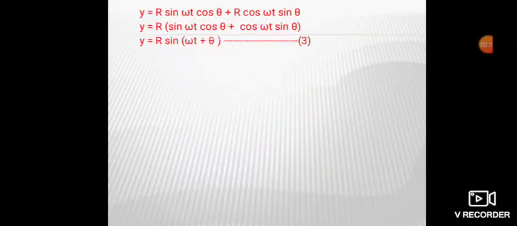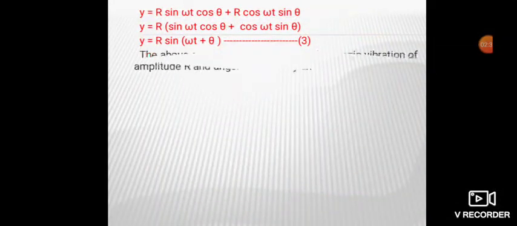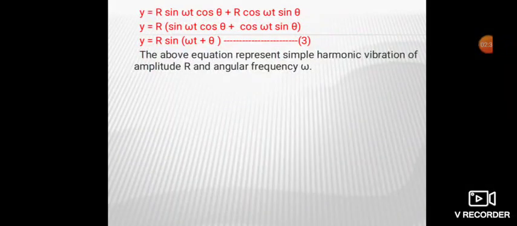Now again it is in the form of sin(a + b), that is sin a cos b + cos a sin b. Therefore y = R sin(ωt + θ). The above equation represents a simple harmonic vibration of amplitude R and angular frequency ω.